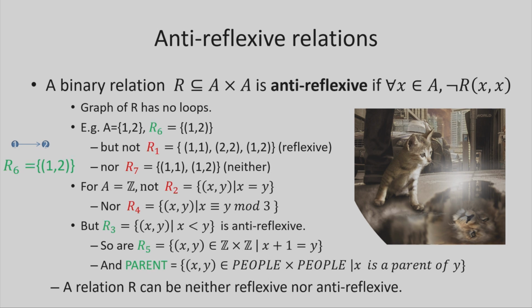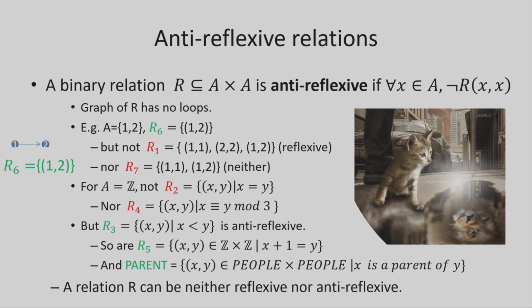So here are some more examples. If you have a relation x plus 1 equals y, that's anti-reflexive because if you add 1 to any number, you're not going to get that number back. An example of yet another relation that's not reflexive is parent.